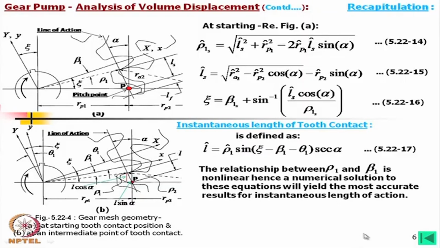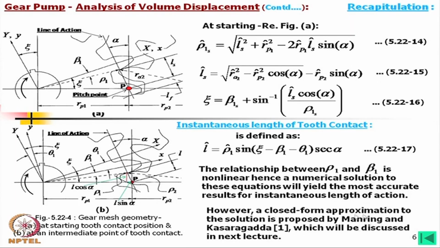So, we should not confuse the working pressure angle and the standard pressure angle. In all such expressions we have to consider the working pressure angle. However, for a closed form approximation, I told that we should go for numerical analysis, I mean numerical solutions, to find out the flow.